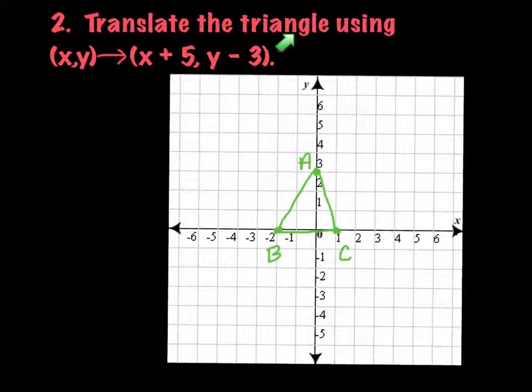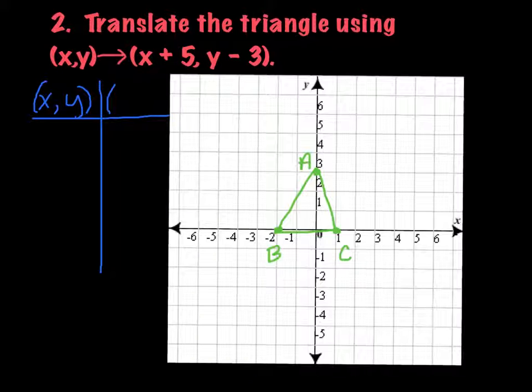All right, problem 2. Translate this triangle using this rule. Well, you could do the way we did it the last problem, but I'm going to show you a different technique. Okay, so let's make a little chart here. And in the first column, we're going to put our pre-image coordinates.